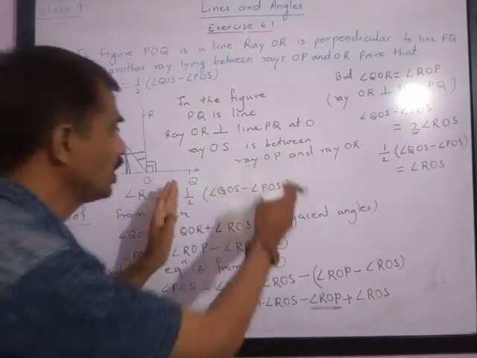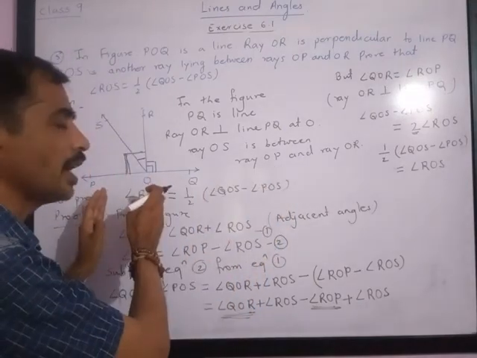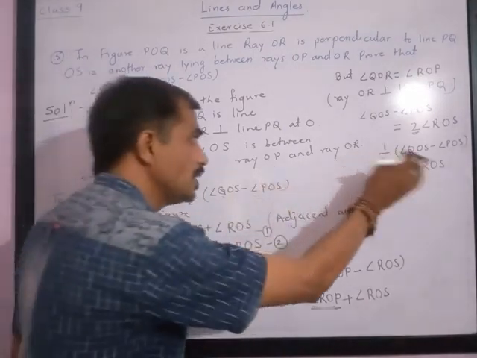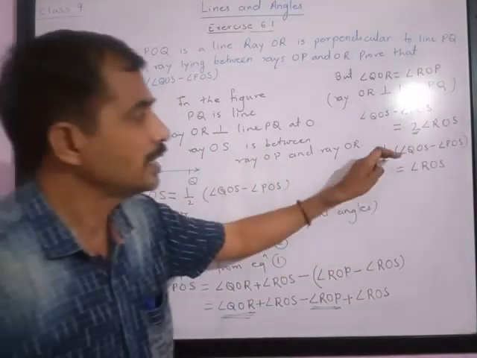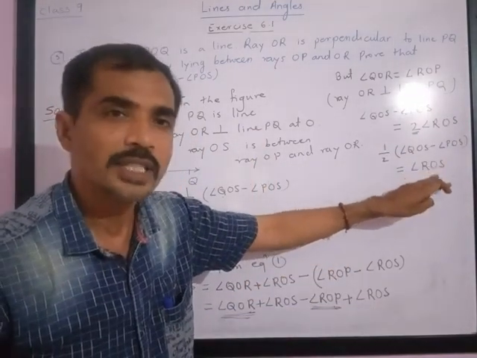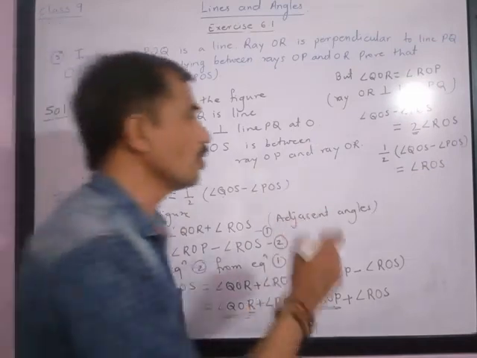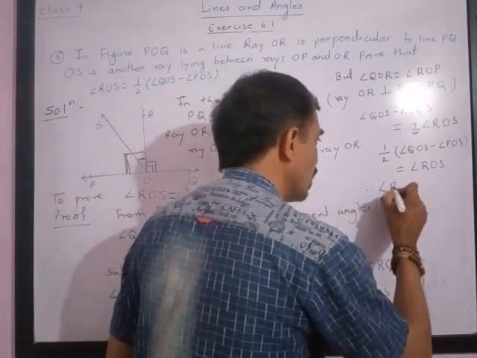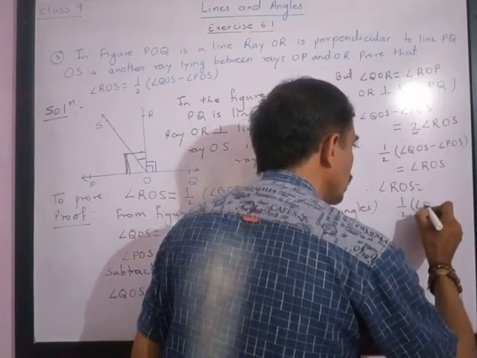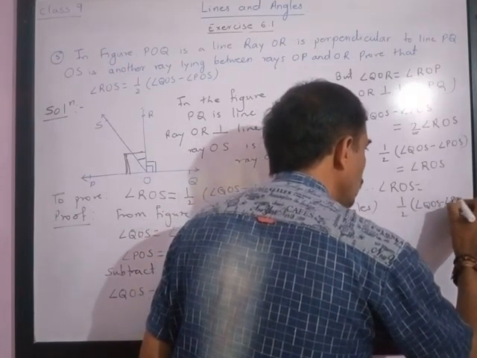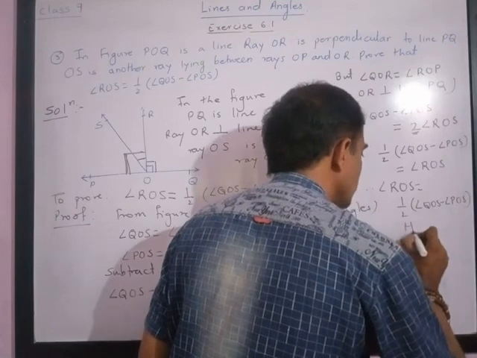Now I have this on the left-hand side and this on the right-hand side. If LHS is equal to RHS, it means RHS must also be equal to LHS. Therefore, angle ROS is equal to half of (angle QOS minus angle POS). Hence, proved.